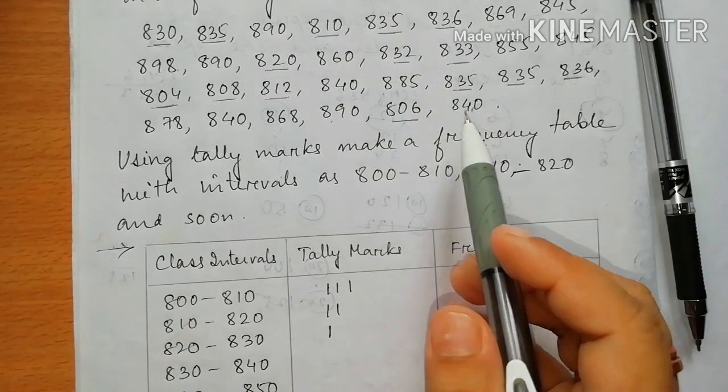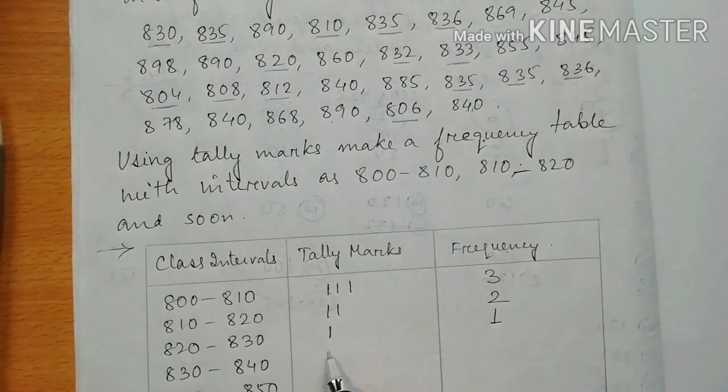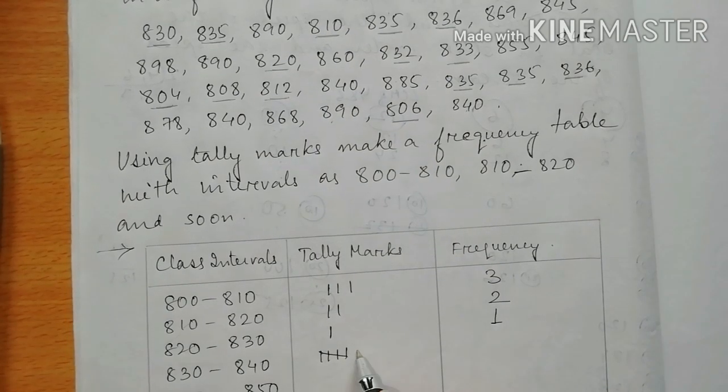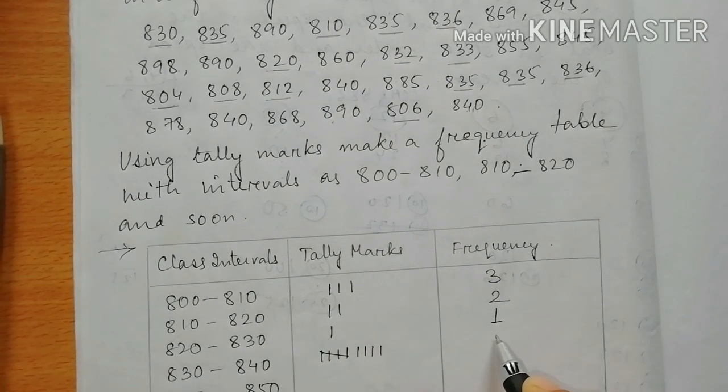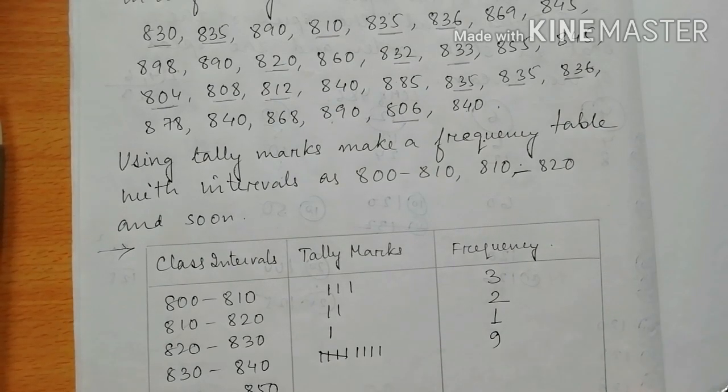Okay, 9 numbers are there. So how to write the tally marks? 9 is the frequency.